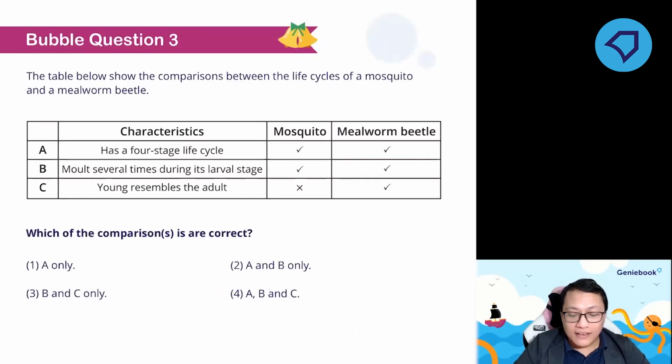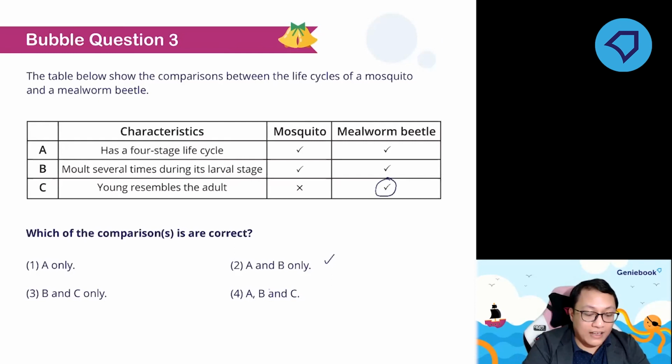You compare the characteristics between life cycle of mosquito and mealworm beetle. Which of the comparison or comparisons is or are correct? So the answer is A and B only. Why? Does the young of mealworm beetle resemble the adult?